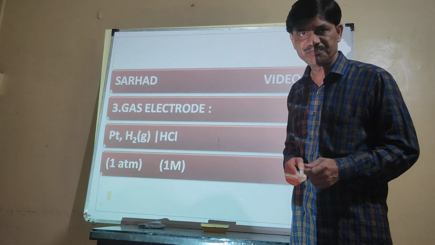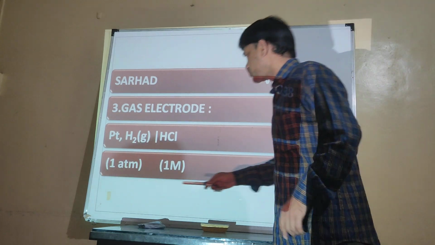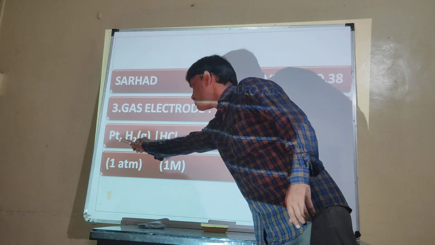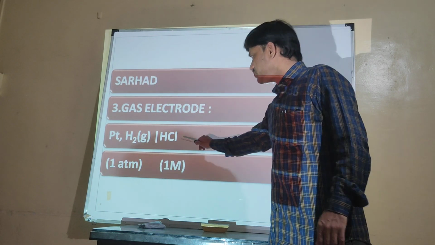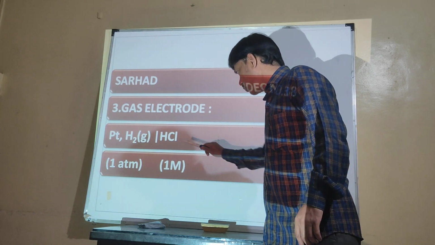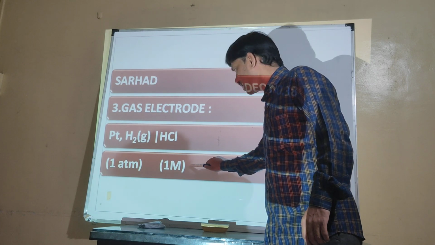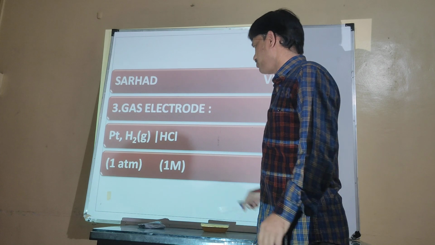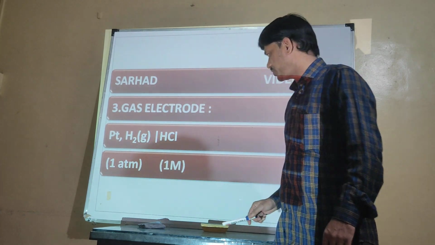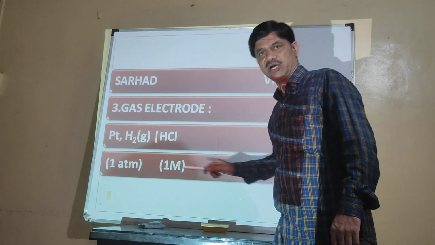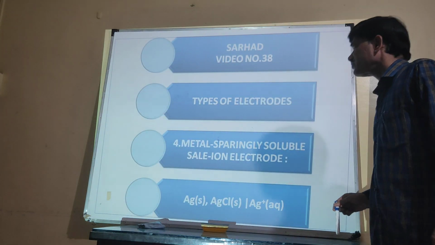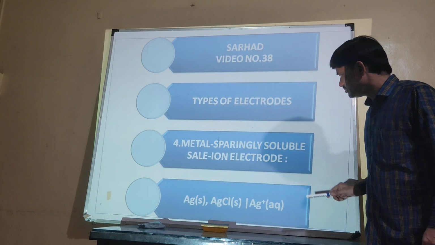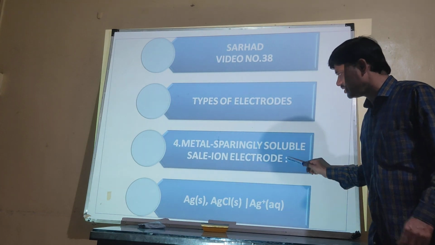Tell me an example: pure and dry H2 gas at exactly 1 atmospheric pressure is bubbled on platinized platinum wire in direct contact with HCl. And what is the molarity of HCl? 1 molar. Keep in mind for MCQs, these are two important conditions. Pressure must be 1 atmosphere, and the molarity of HCl is 1 molar.